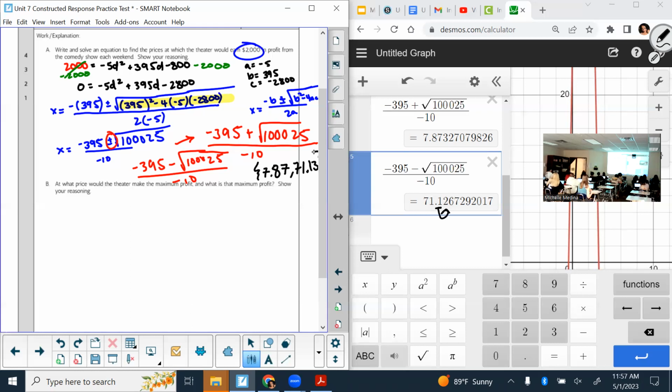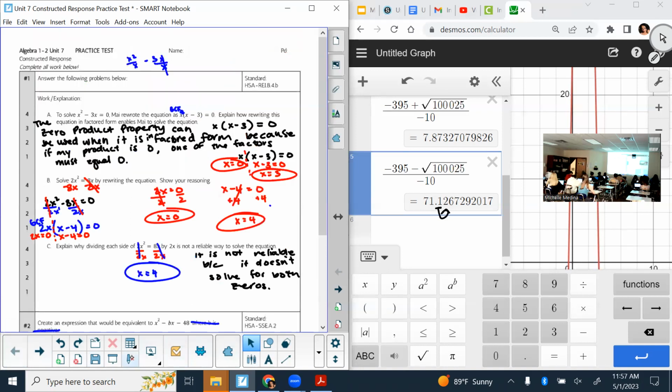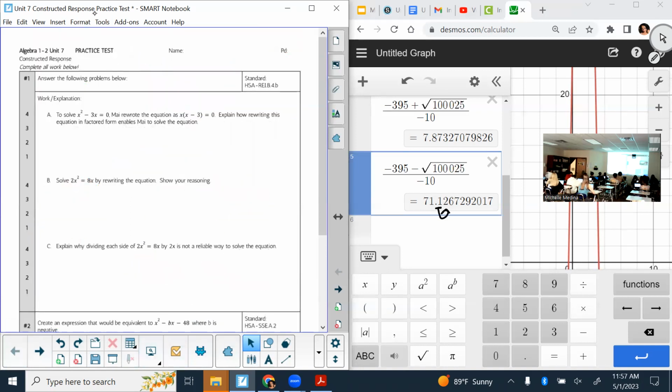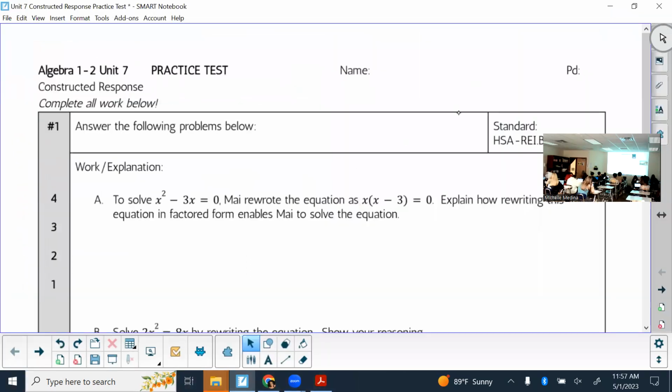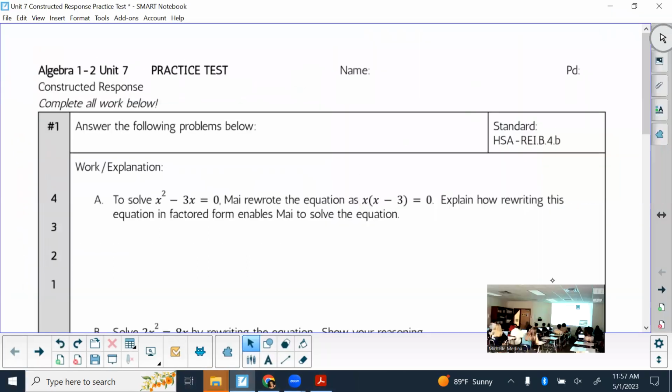Kaylin? On the constructed response? Okay. So number one on the constructed response. Have to switch it over. So number one, to solve x squared minus 3x equals 0, Mae rewrote the equation as x times (x minus 3) equals 0.